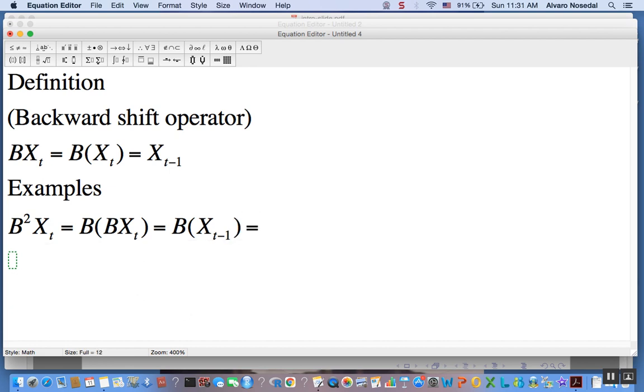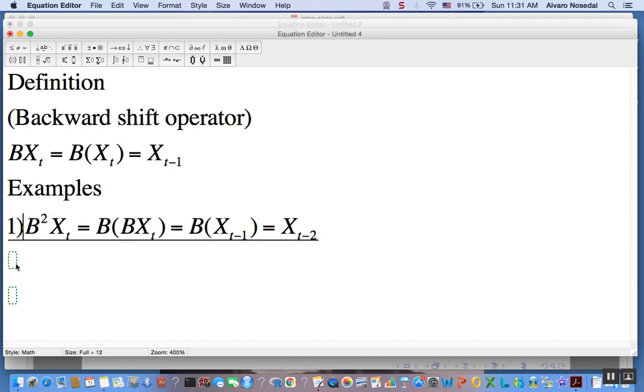And then you apply the backward shift operator to xt minus 1, so what you end up with is x at t minus 2. Make sense? Okay. This would be our first example. Let's talk about another example.